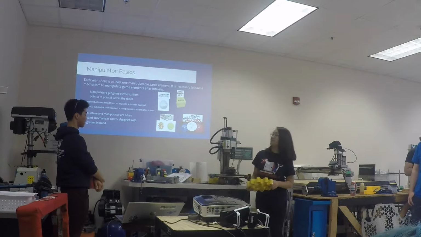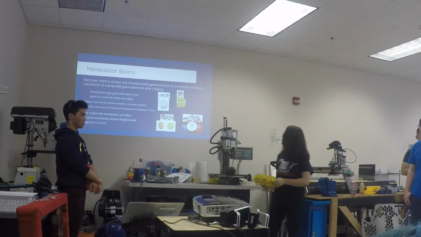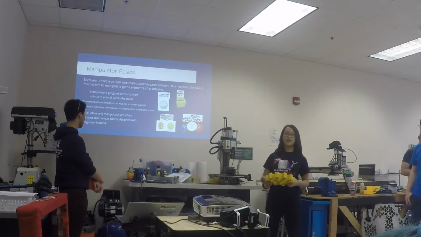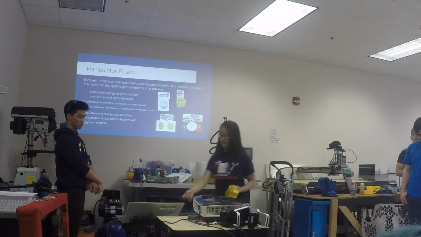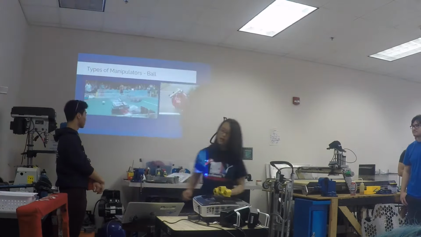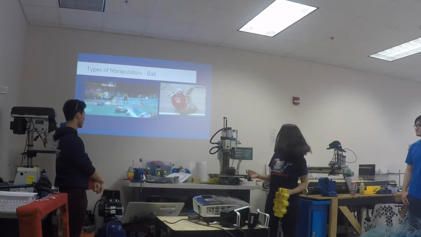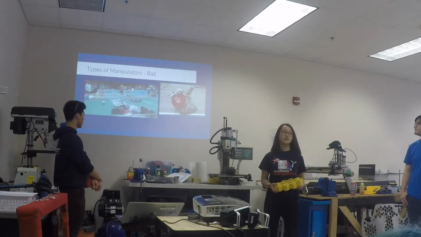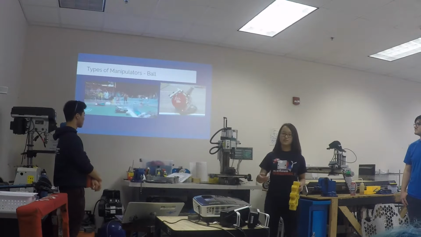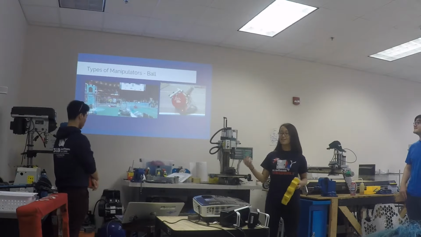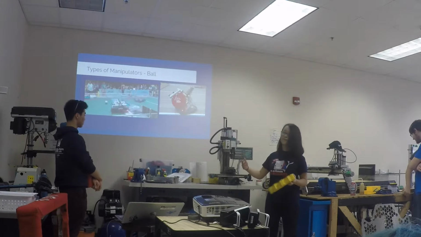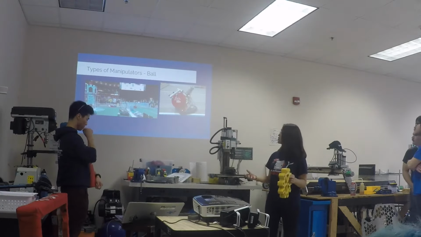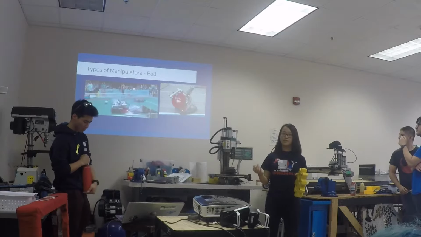They get the game elements from point A to point B. For example, since there are two different types of manipulators, there's types for the ball, and these manipulators are usually made with wheels, or they have rollers or something, and they pick up the ball and they are able to shoot it, or they're able to place it somewhere.